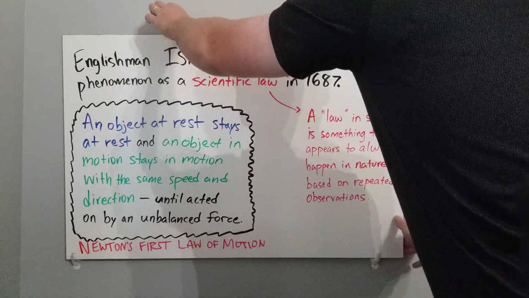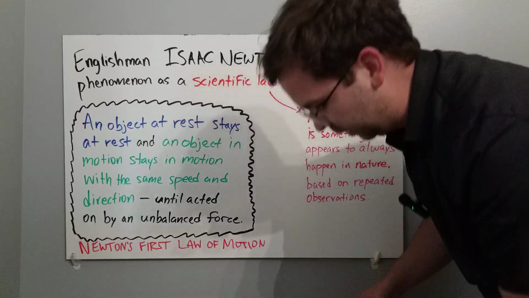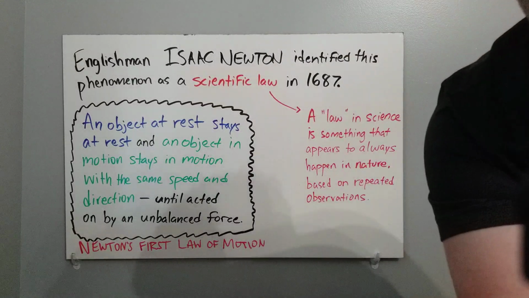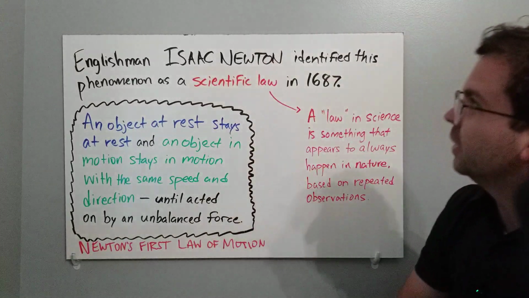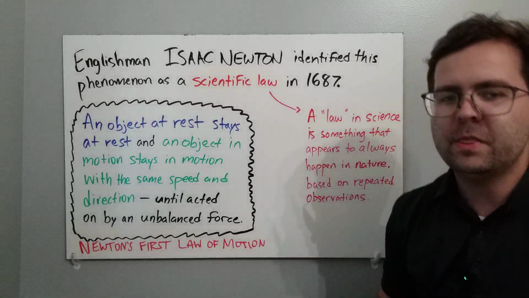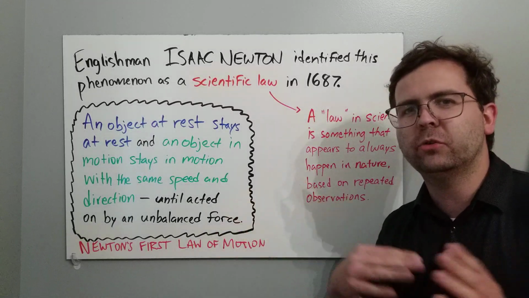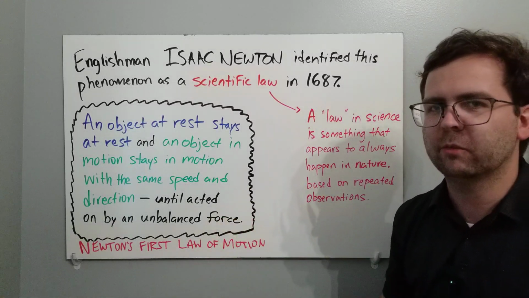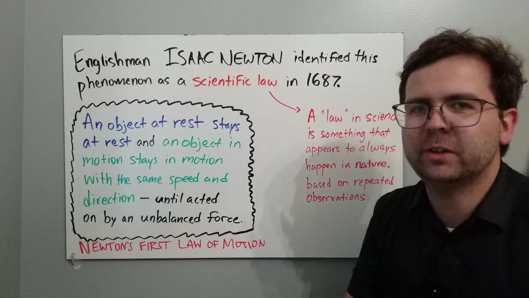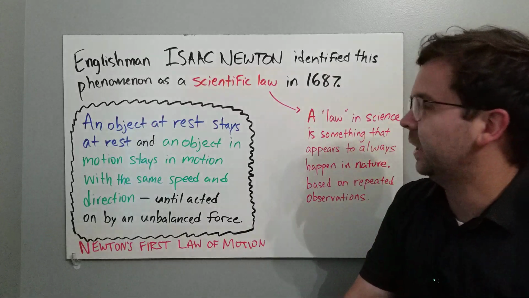So you might have heard of Isaac Newton. This idea of inertia comes from him. He's an Englishman, and he identified this phenomenon of objects in motion wanting to stay in motion, objects at rest wanting to stay at rest. He identified this as a scientific law in 1687.